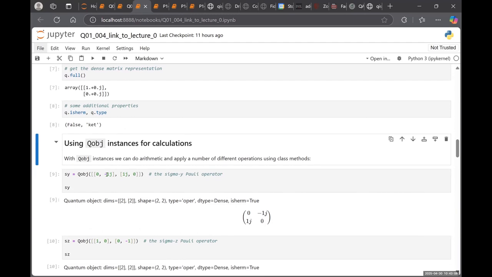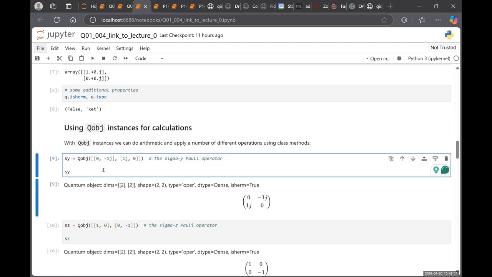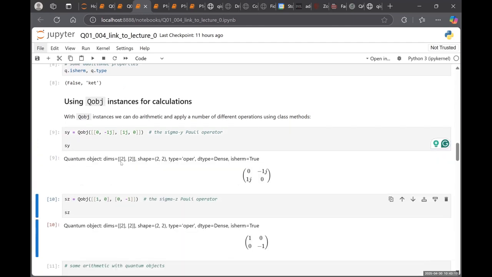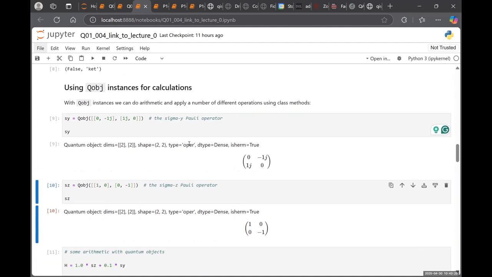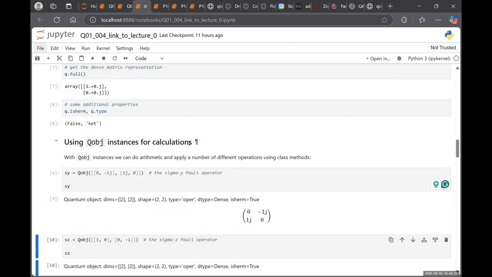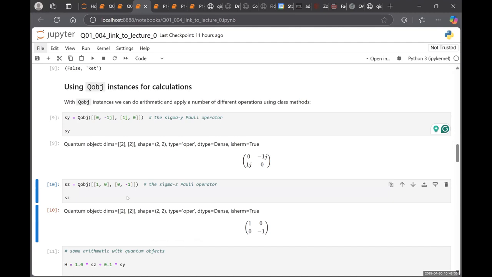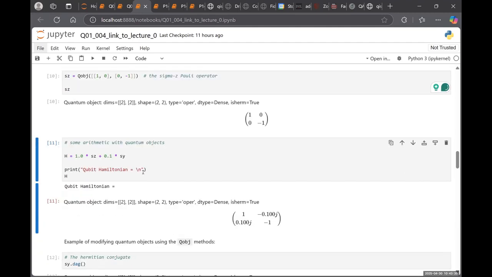Okay, so the next is to create, this is sigma y, right? You just put a matrix like that. Okay, this is Qobj with dimension 2, 2, shape 2, 2. Type is operator. Okay, data type is dense. Dimension, yes. This is sigma z operator.